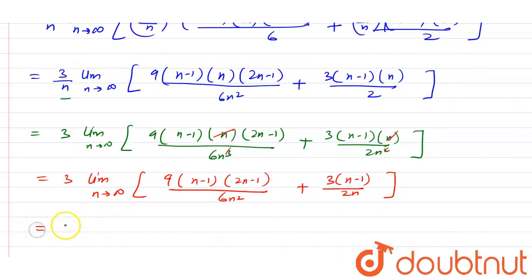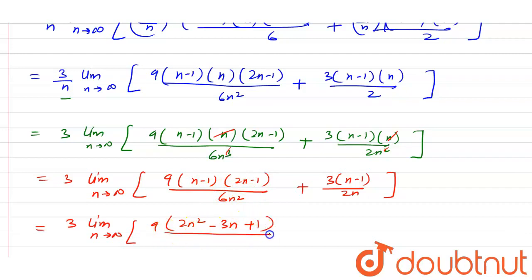Now we open and split the terms, so this is equal to 3 limit n tends to infinity, 9. Now n minus 1 into 2n minus 1, so n into 2n becomes 2n square. Now minus 1 into n becomes minus n, and minus 1 into 2n becomes minus 2n. So minus n minus 2n becomes minus 3n, and minus 1 into minus 1 becomes plus 1, whole divided by 6n square, plus this becomes 3n minus 3 divided by 2n.